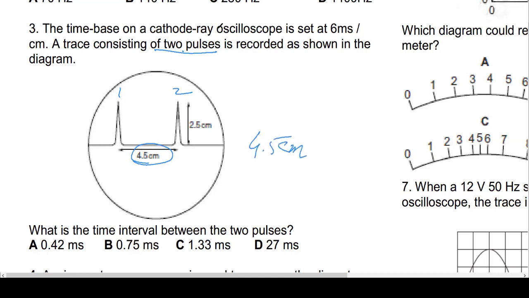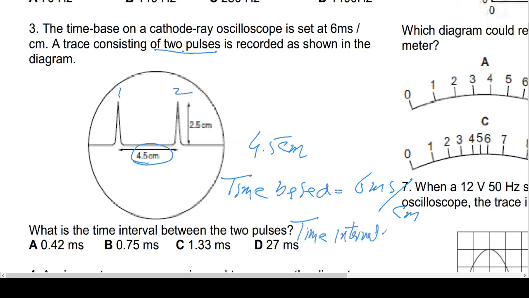So the time base scale is equal to 6 millisecond per centimeter. So your time interval will be equal to 6 times 4.5.